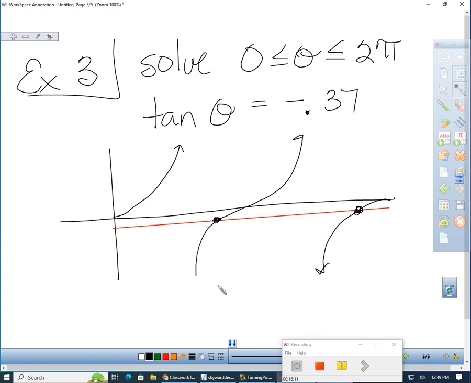For the first intersection point, I get x equals 2.787. Then try and see if you can get the second one. 5.929.